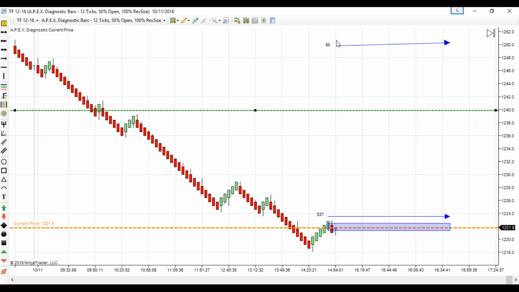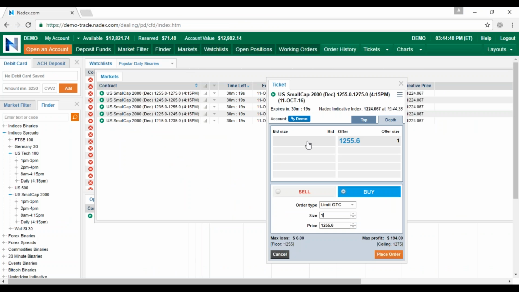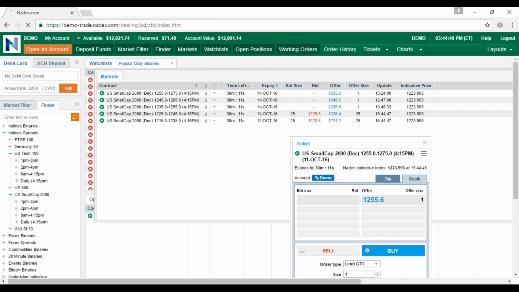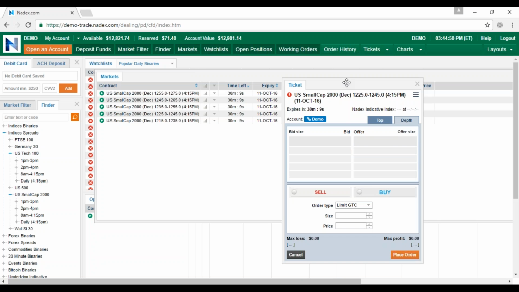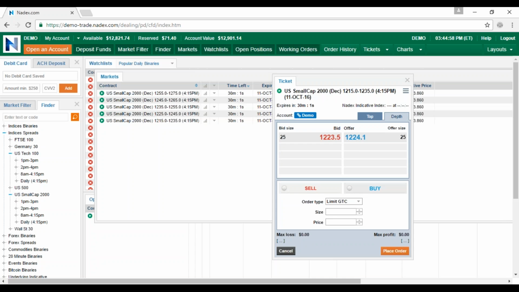All I looked at when I hopped over here to Nadex was max loss, $6. Compared to I could have got this one, that might have been $14. Or this one, that might have been $91.